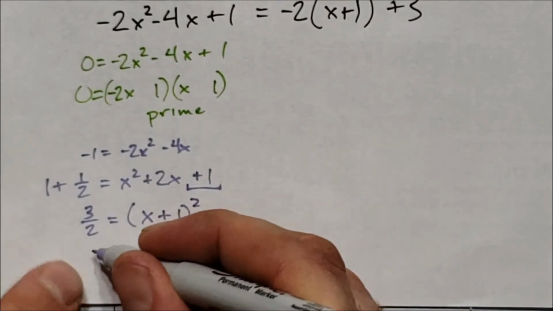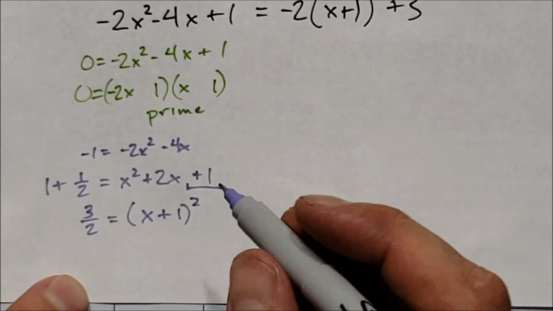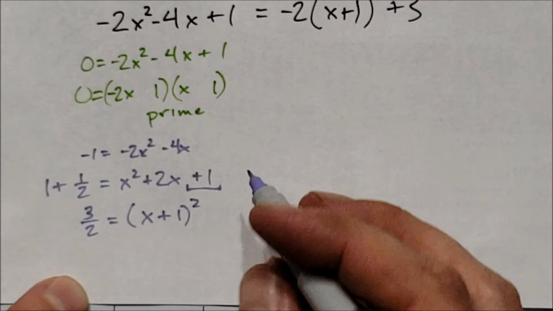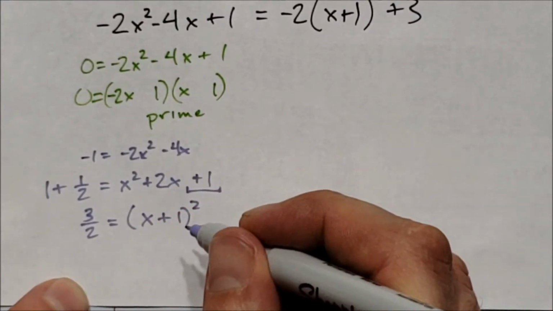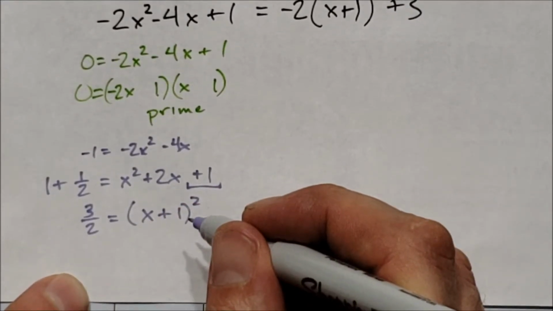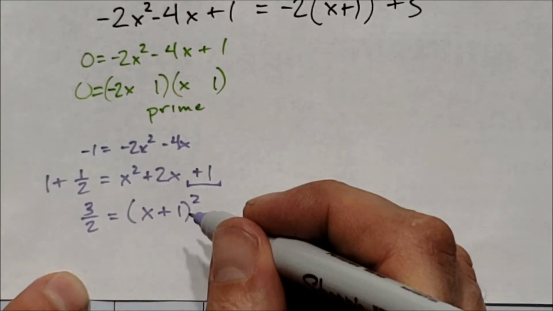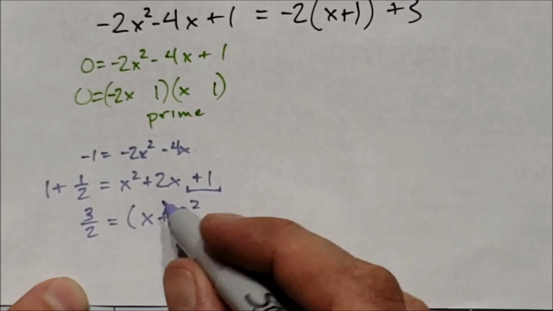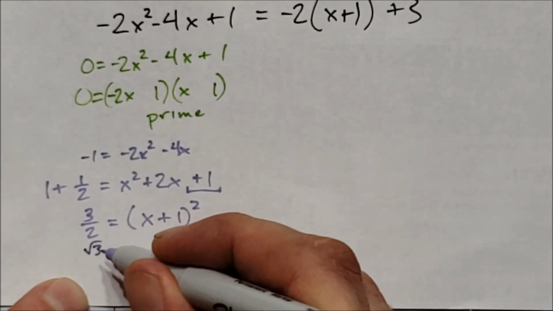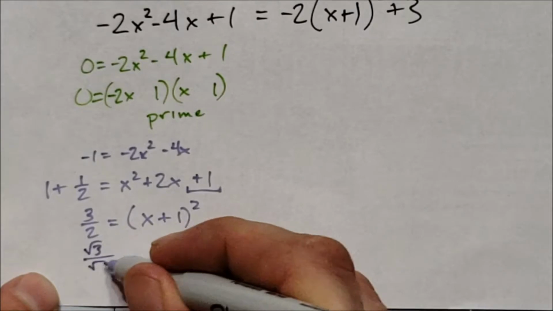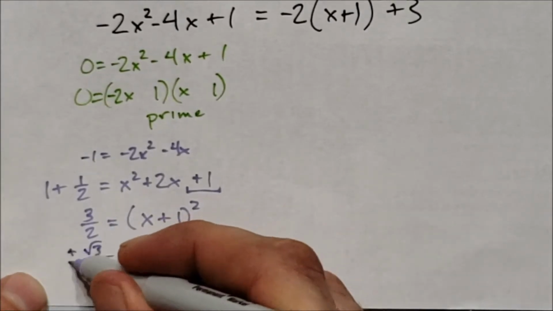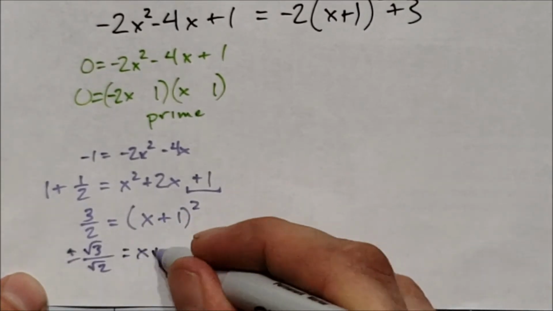Taking the square root of both sides, let's see, is that correct? I'm sorry. Yeah, square root of both sides, square root of 3 over the square root of 2, plus or minus, equals x plus 1.